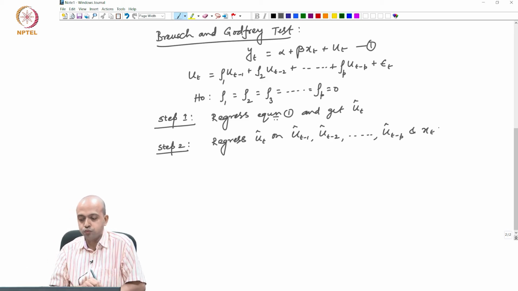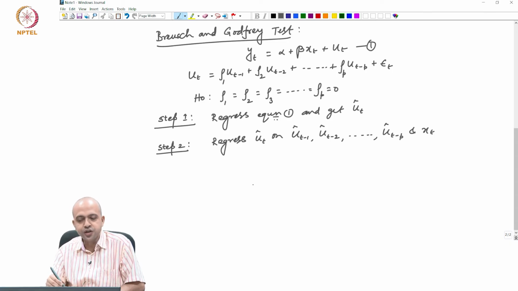That is step 2. So that means I am regressing ut on all its previous values as well as the explanatory variable xt.